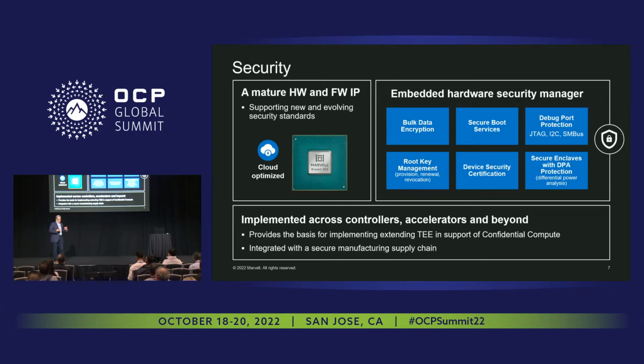And so what we aim to do is to be able to protect against the latest threats, as well as support the latest standards around security. So today, for encryption, you have PCIe, NVMe, and of course, CXL. And then for the storage standards, you have DMTF, TCG, confidential computing, and then as well, of course, you have OCP.